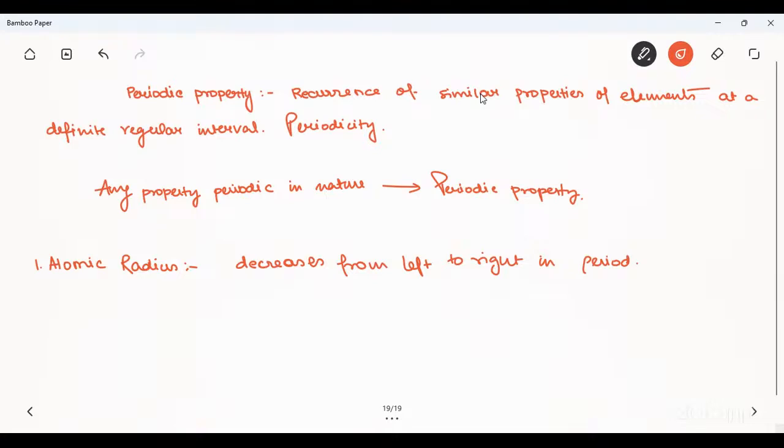As a result, the effective nuclear charge over the outermost electron increases, and due to this, they are pulled closer to the nucleus. That is the reason a decrease in the atomic radii is observed.